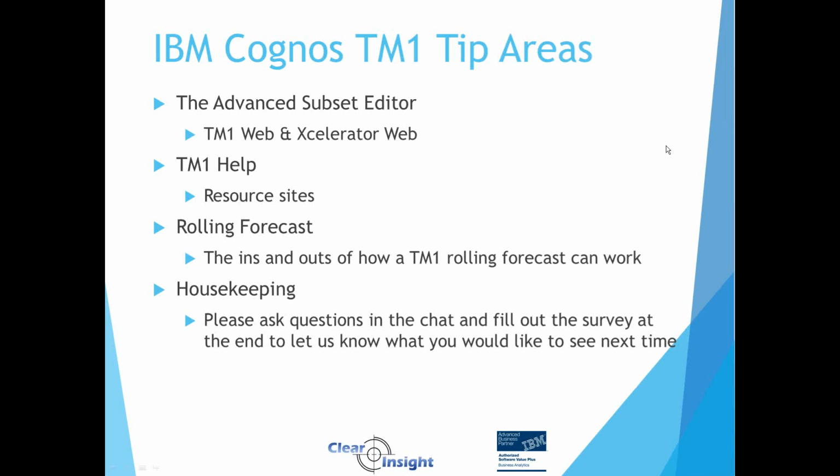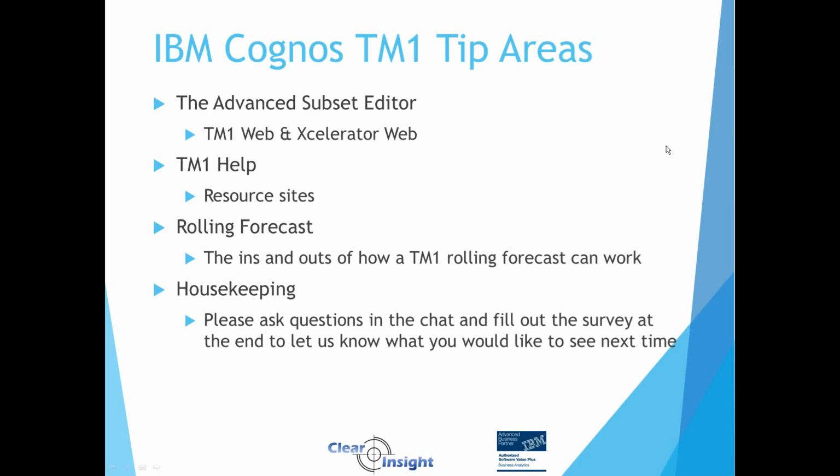So first I just wanted to present the areas that I'll cover in the next 25 minutes or so. I'm first going to go through the advanced subset editor, which is often missed and forgotten in the web portions of TM1. I think it's well used in Perspectives, but for those business users, perhaps it's getting missed on the web. And then secondly, I'm going to go through some TM1 help.